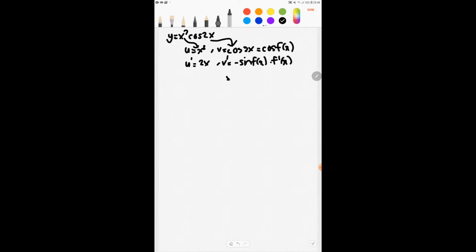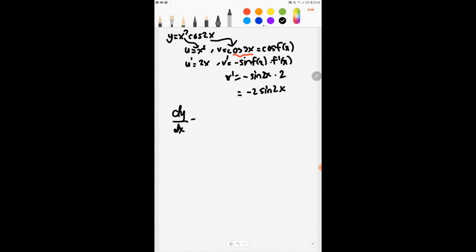So therefore, referring to this one, we get the v prime is equal to negative sine 2x multiplied by f prime x, which is 2, so we get v prime is negative 2 sine 2x.